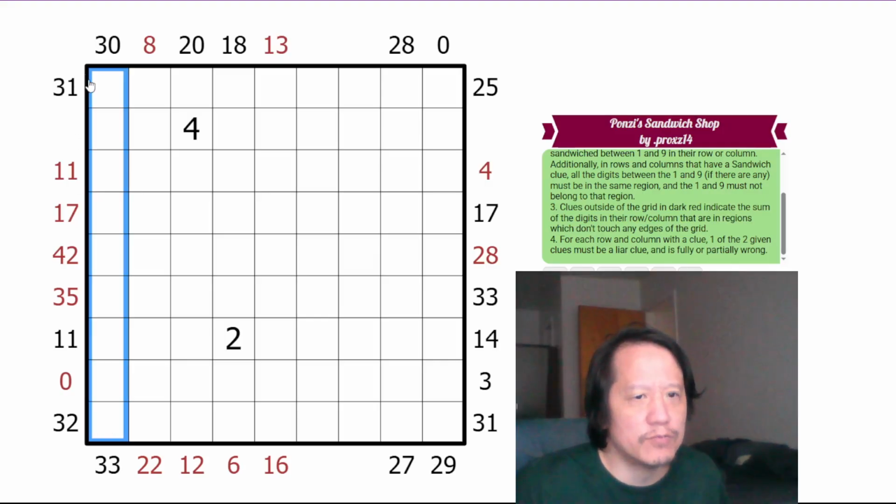So where can the 1 and 9 be in column 3? They cannot be here, so they could be any of these 3, right? Because you could have 2 outside and then none outside there.